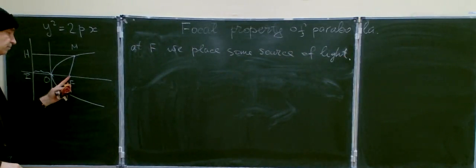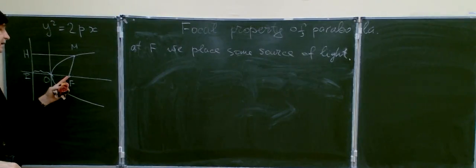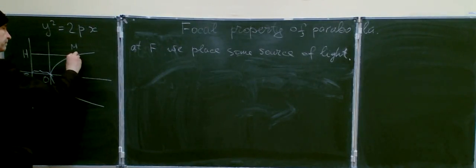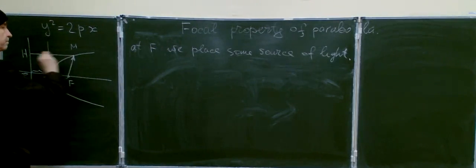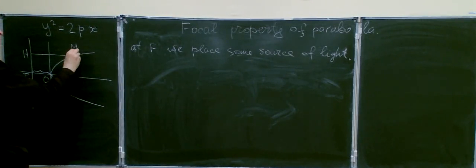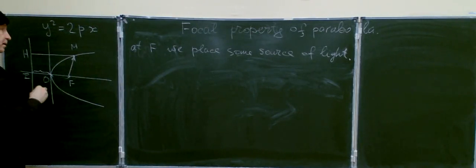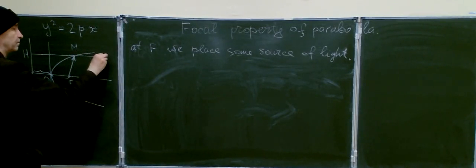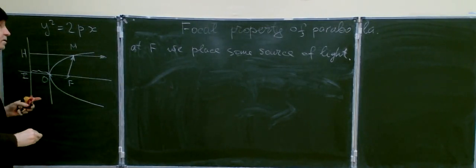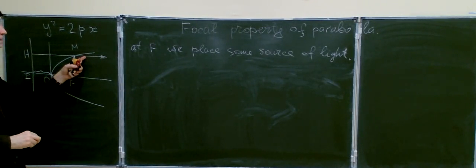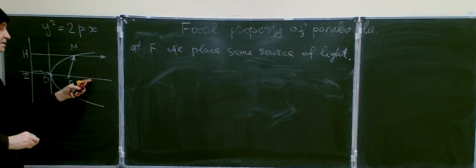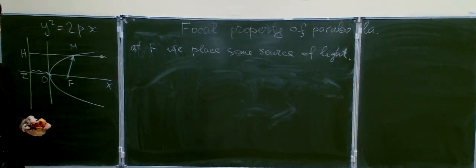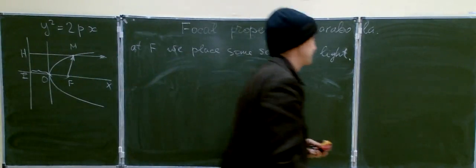Then we can consider the line FM as a ray of light. This ray will reflect from the parabola and will go to infinity. And it turns out that this reflected line will be parallel to the axis of our parabola. And our goal is to show that it is correct.